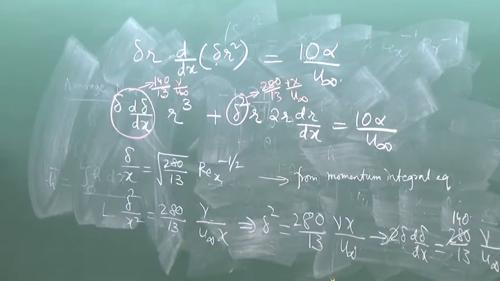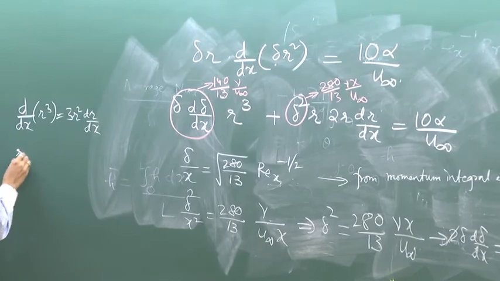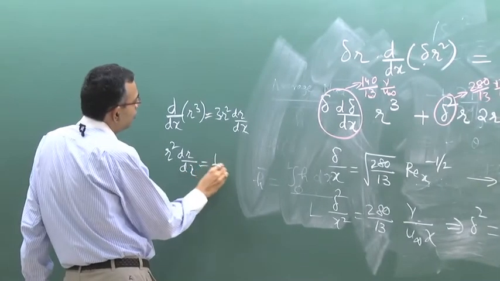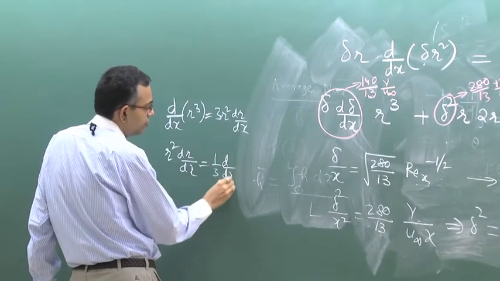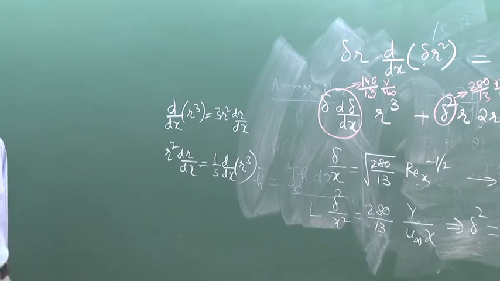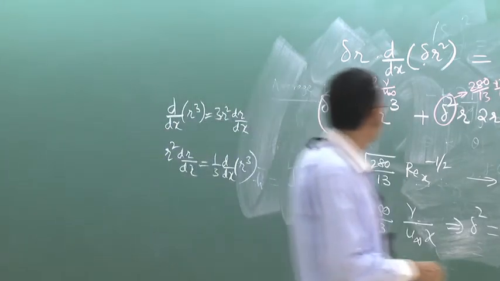So what is d dx of r cube? It is 3r square dr dx. So in place of r square dr dx we can write 1 by 3 d dx of r cube, right. So let us move on to the next step.